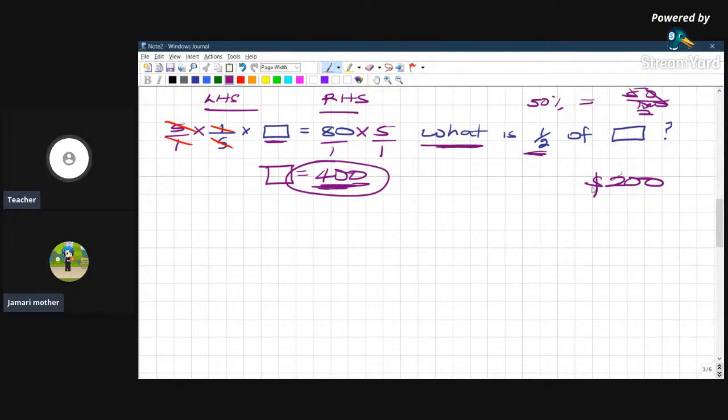In this case, we had to find the reciprocal of 1/5, which is 5/1, multiply that on the left hand side, and then do the same thing to the right hand side to make sure that we are balanced. That worked out to be 400, so we know that the whole is 400. And then quite easily, 50% of that would have been $200. All right. Yes, sir. Hold on a second now.